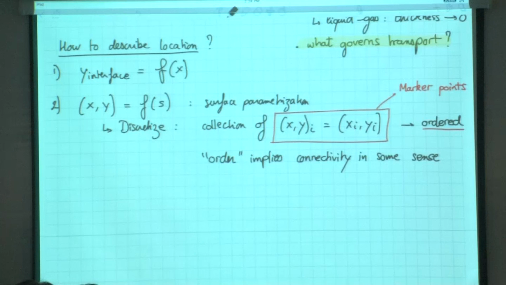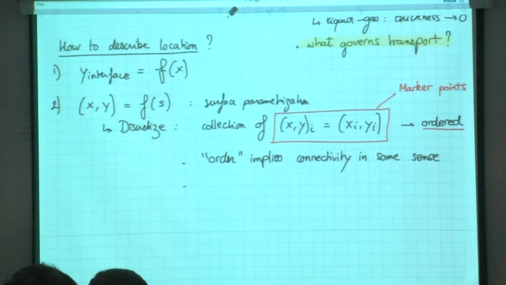And so now if we want to represent the interface, and if you have some sort of connectivity between your points, you can simply draw a line between your neighboring points. Okay, it's especially obvious in 3D, in 2D.